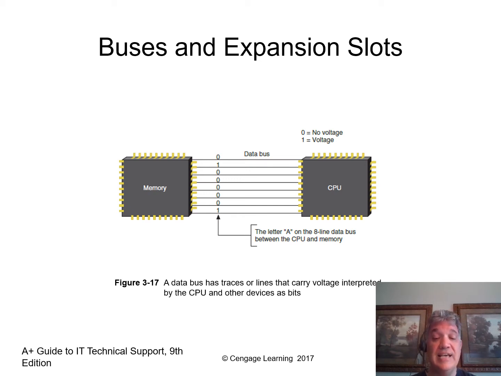But in this example, a data bus has traces or lines that carry voltages interpreted by the CPU and other devices as bits. So this is showing now the memory, as we saw on a previous slide, the DIMMs will be connected to the North Bridge, and that's because the North Bridge handles the faster devices, and it is situated very, very close to the CPU.